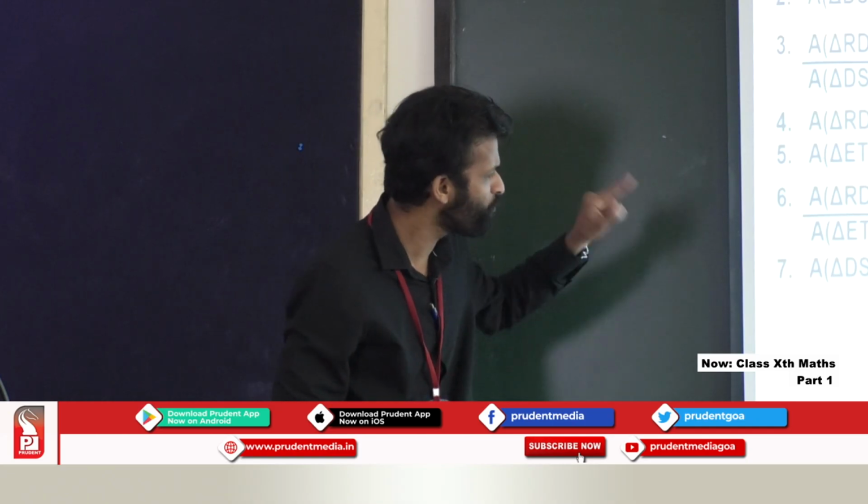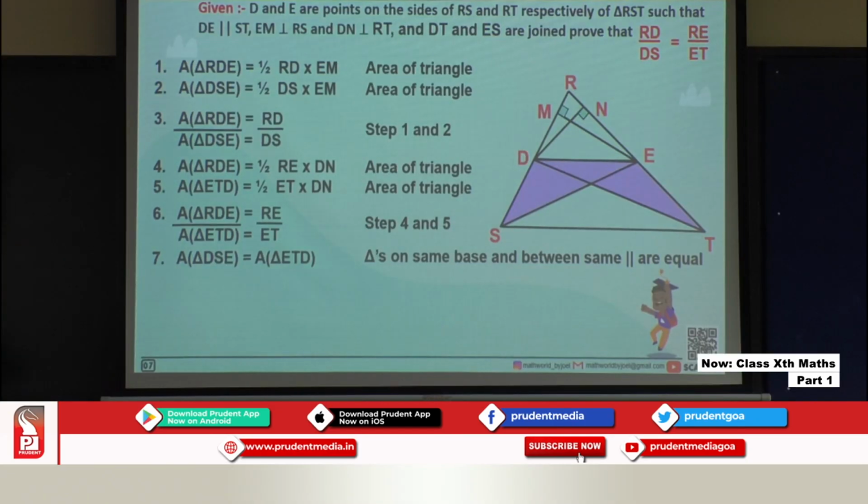Now, if this is equal, all I can do is wherever area of triangle ETD is there, I can replace it with DSE. So instead of ETD, I can write DSE. Which step am I substituting it in? I'm substituting it in the 6th step because ETD was there, right?